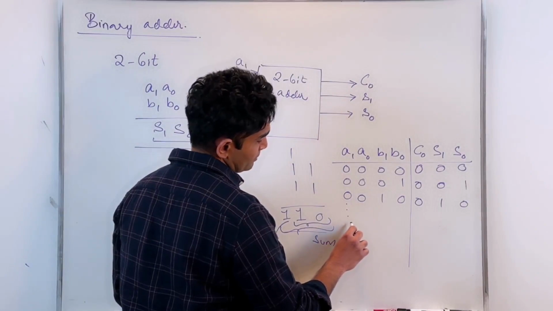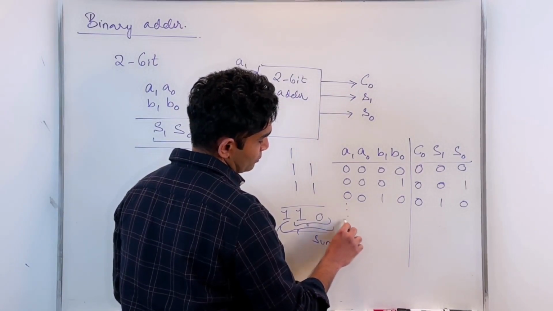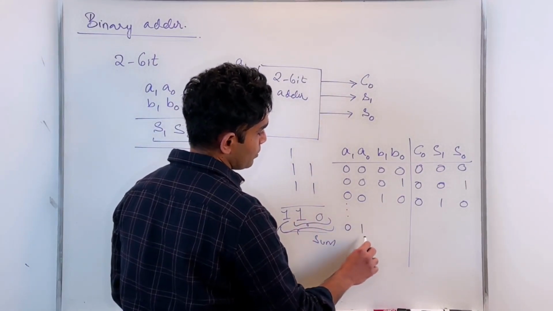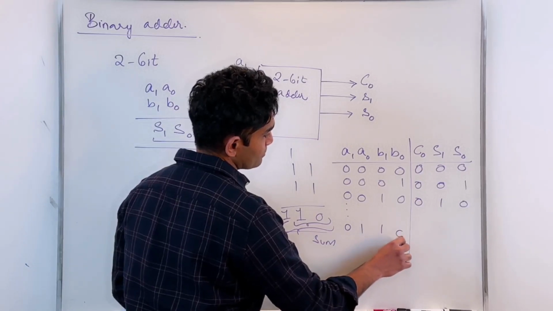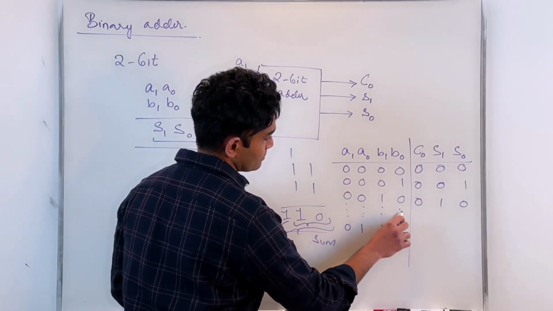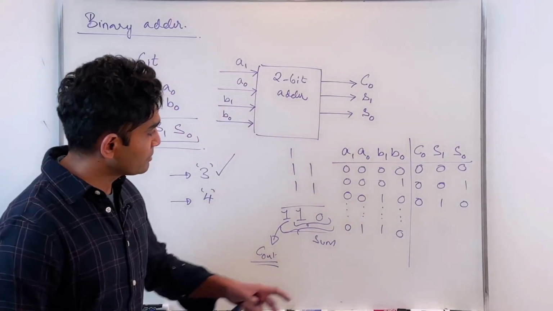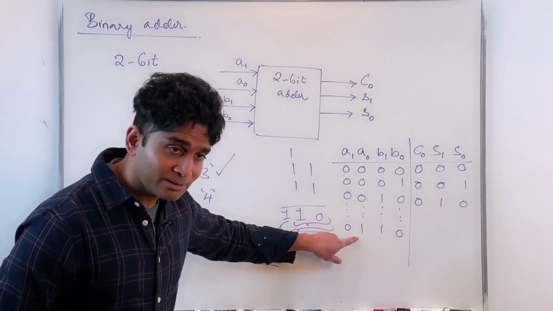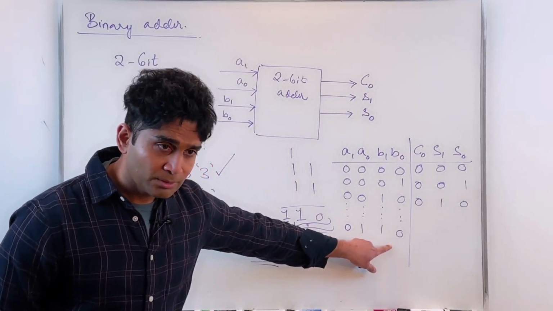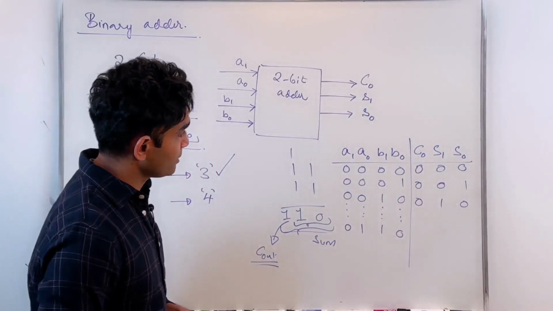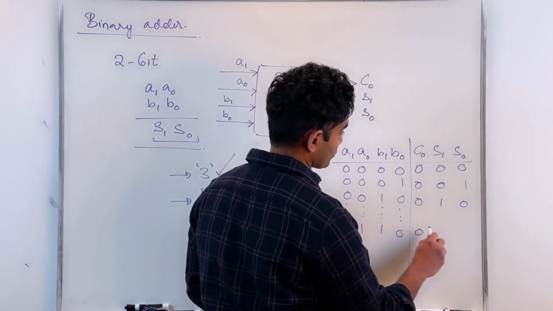Then 0, 1, 1, 0: I'm adding 1 to 2, my sum is 3, so that gives me 0, 1, 1.